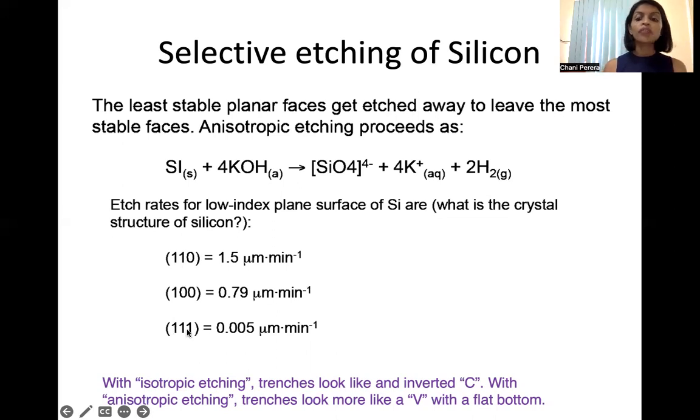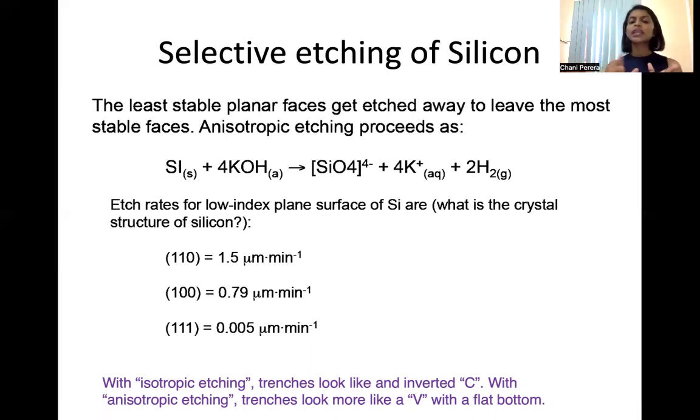And for the 111 plane, that etching is really, really low. You can see per minute that will only get rid of 0.005 micrometer depth. So while this 111 plane is slowly etching, all the other planes will be very quickly etched away.